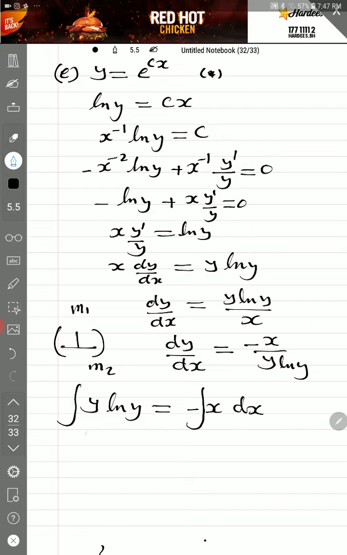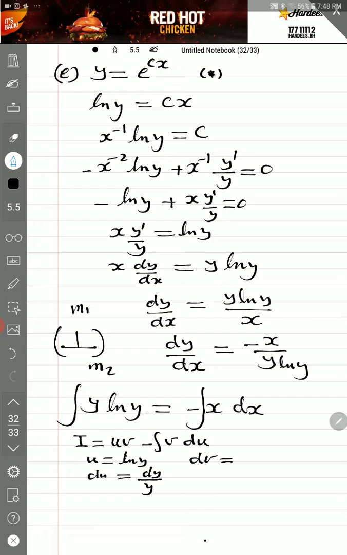This integration can be done by u dv, so I will write it as I. It will be u multiplied by v minus the integral of v du, and you take u equals ln y, with du equal to dy over y, and the other one will be dv.